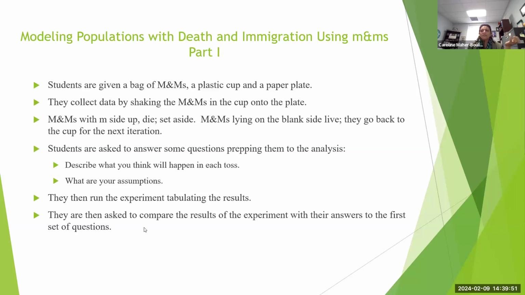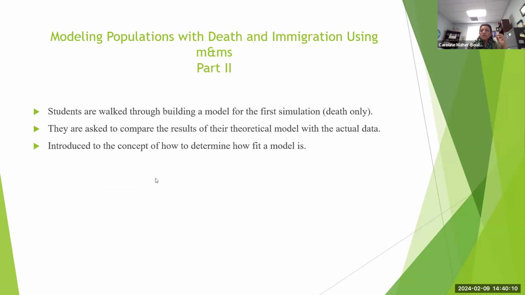And then they are asked to compare the results of the experiment with their answers to the first set before they actually run the experiment. That's the first part of that project. So the project is longer, but I break it up into several parts to guide the students one step at a time through it. Part two, they are walked through building a model for this first simulation, which represents death only.